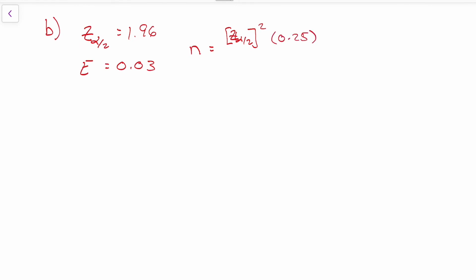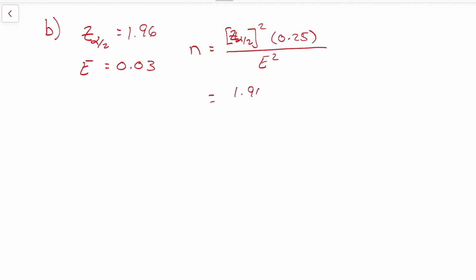If I want to solve part B, I use the same z-score of 1.96. My margin of error, again, is 3 percentage points, or a value of 0.03. But now I don't get to assume I have a point estimate. So I get z sub alpha over 2 squared times 0.25, all divided by E squared.